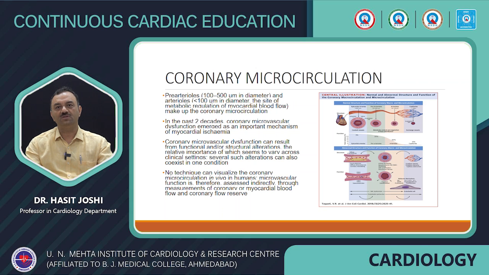As we know, about 70% of oxygen extraction is at rest, and when there is a need for extra oxygen during exercise, it can only be provided by vasodilating the distal vessels and hyperemia, which increases the coronary blood flow and the oxygen supply to the myocardium. So, if resting supply is normal, then the most important thing would be the hyperemic blood flow.